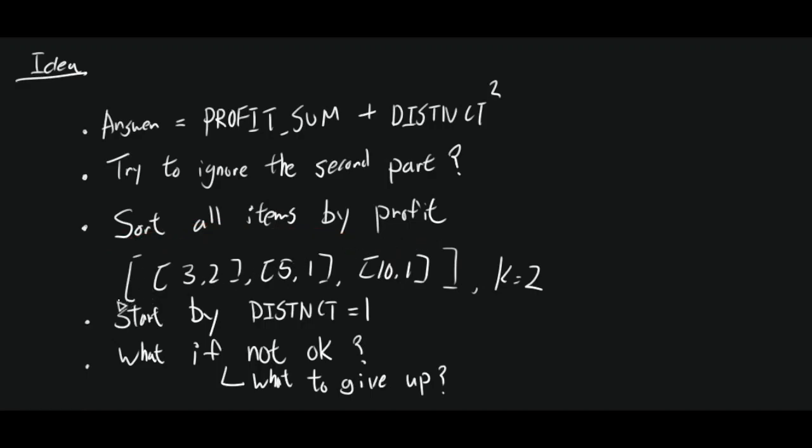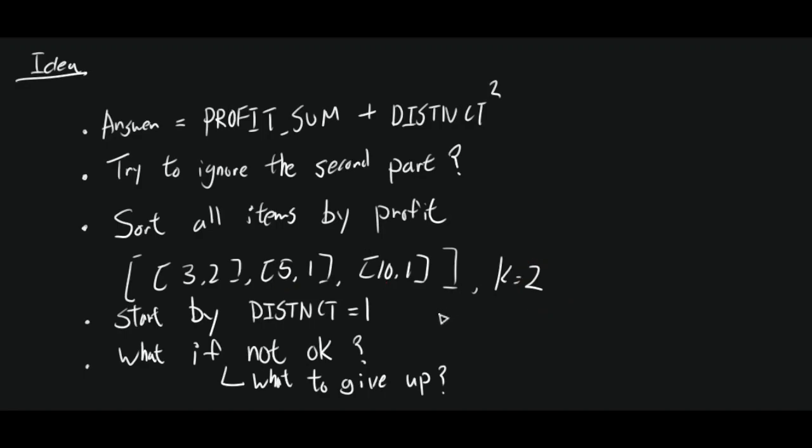Then we get something like this, already sorted by profit. It's natural to start from the largest because we want to maximize the profit. So we start from 10 and then we go to 5, because we can pick 2 elements. So we just pick the 2 most profitable items.